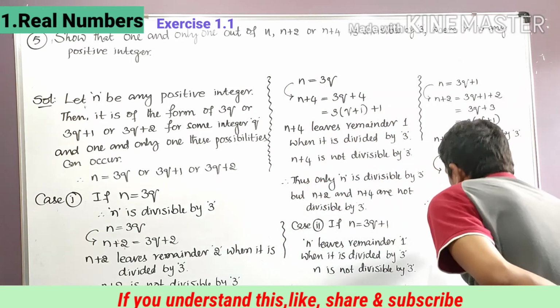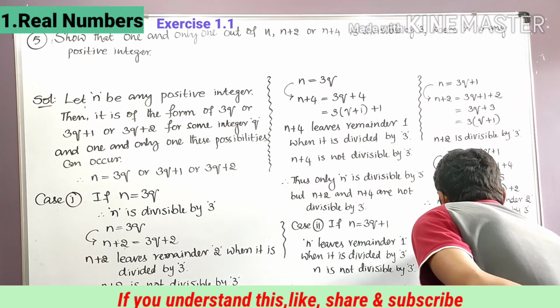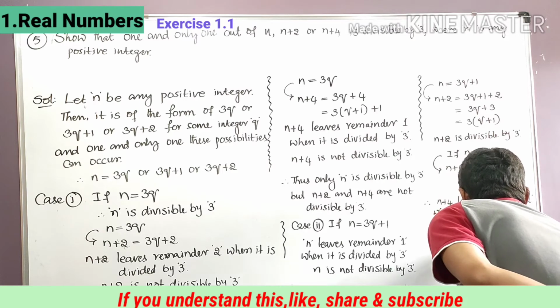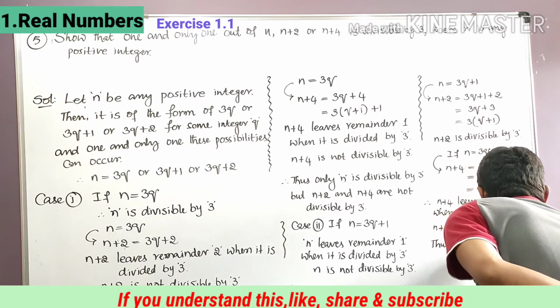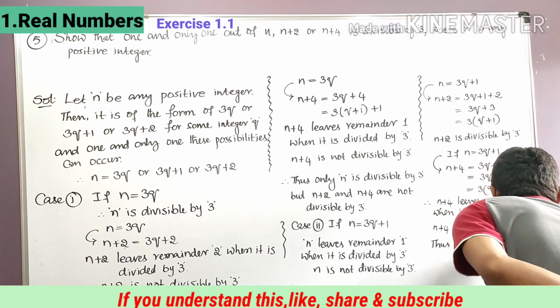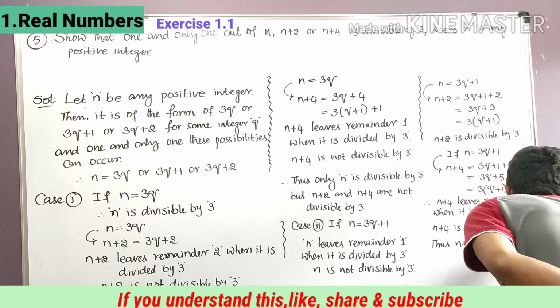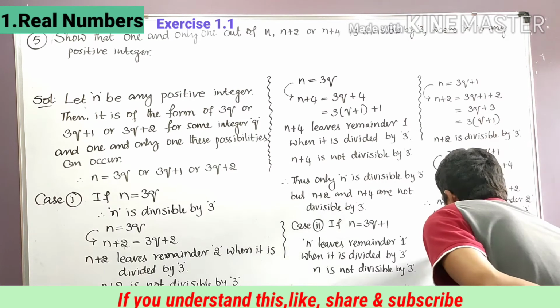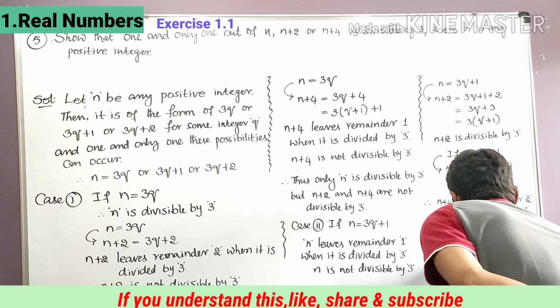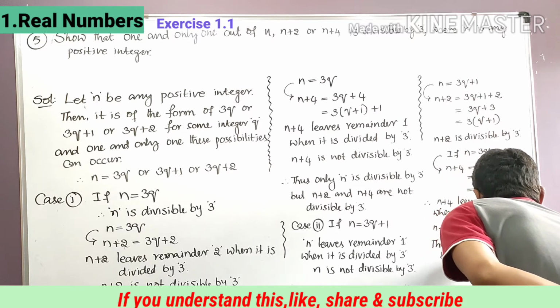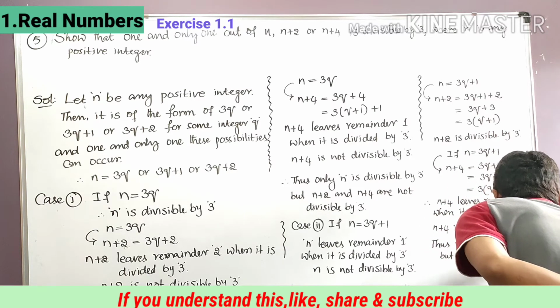Thus we can write n plus 2 is divisible by 3 but not n and n plus 4.